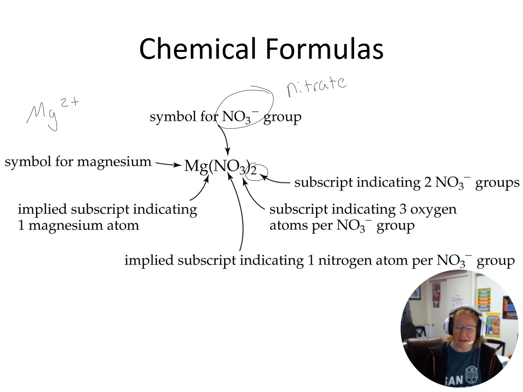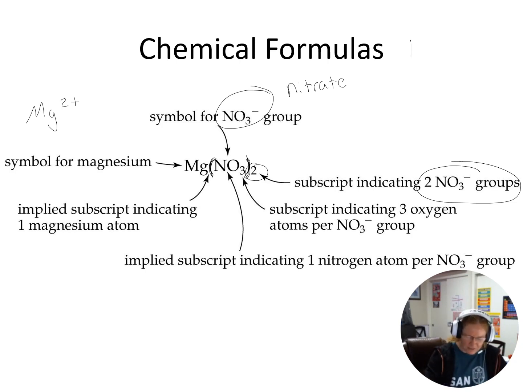All right, so we have 1 magnesium, implied subscript, only 1 of those. So we've got this parenthesis, okay? So that means the entire quantity of the nitrate has that subscript 2. So I have 2 nitrate groups. So when I look at this, I can actually figure out the number of each individual atom.